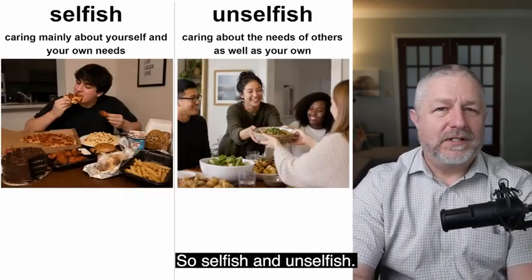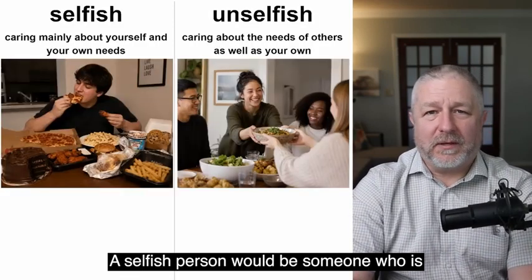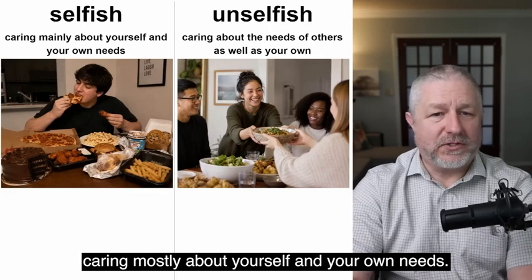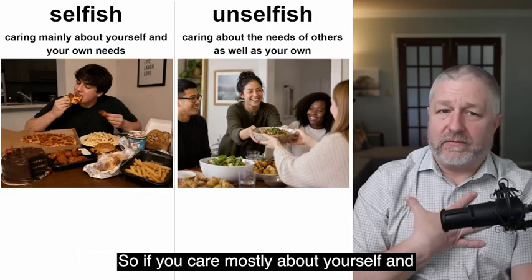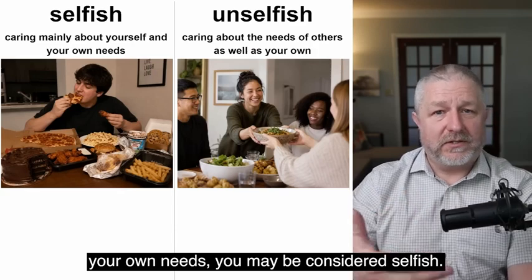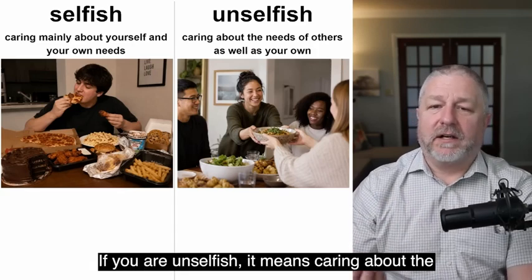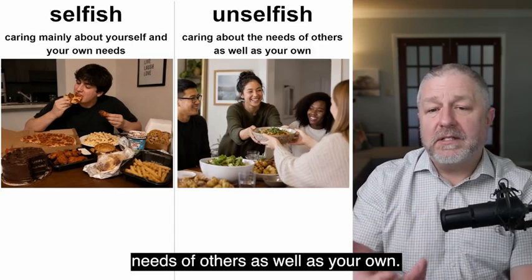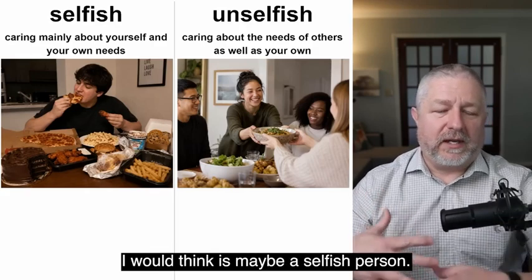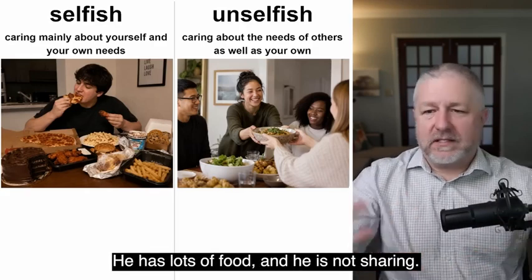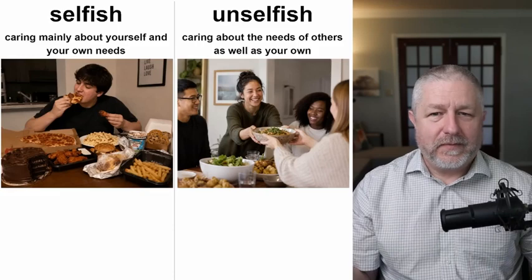Selfish and unselfish. A selfish person would be someone who is caring mostly about yourself and your own needs. So if you care mostly about yourself and your own needs, you may be considered selfish. If you are unselfish, it means caring about the needs of others as well as your own. So in the first picture, we have what I would think is maybe a selfish person. He has lots of food and he is not sharing.